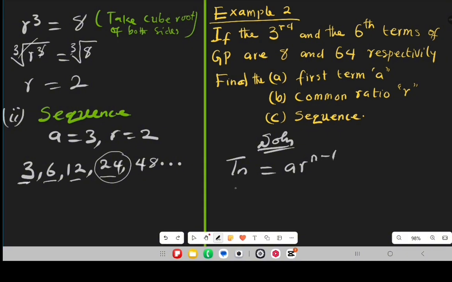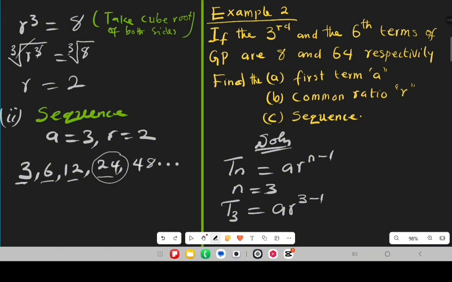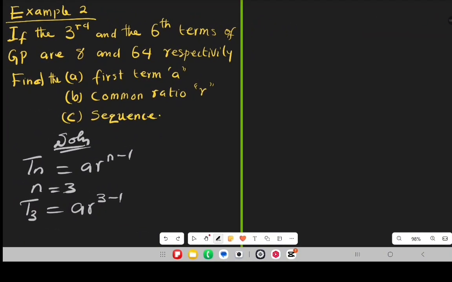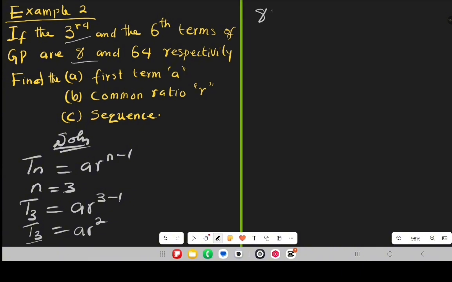When n is equal to 3, we have T3 is equal to a r raised to the power of 3 minus 1. If we simplify this further, T3 is equal to a r raised to the power of 2. T3 means third term. The third term is given as 8. So we have 8 is equal to a r raised to the power of 2. We call this equation 1.